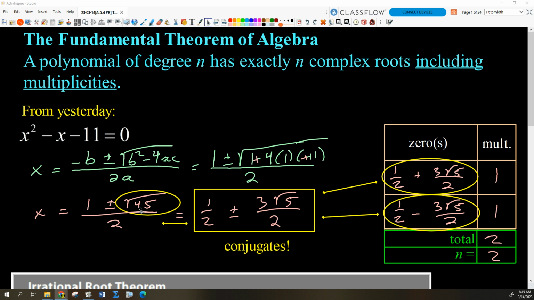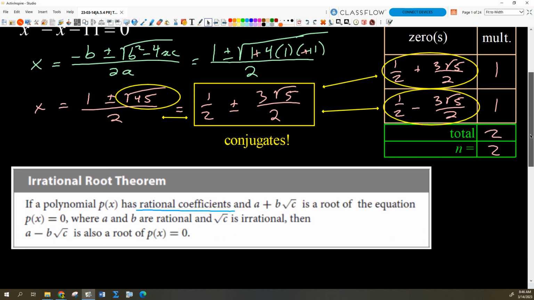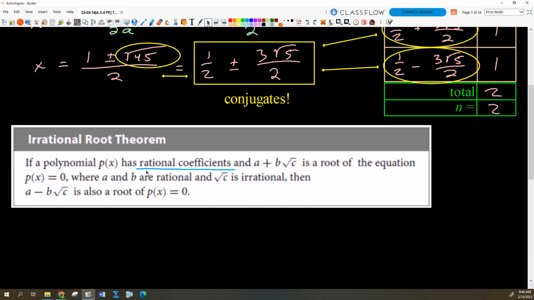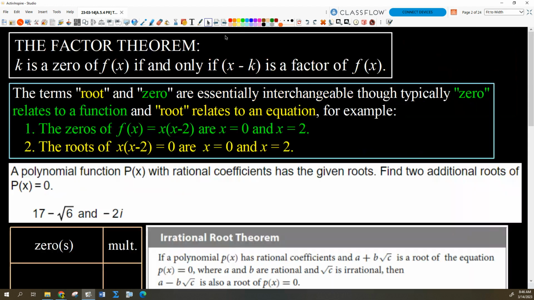If we get stuck with a square root in our answer, it's always going to be part of a conjugate pair every time. And that was what we called the irrational root theorem, right? It just told us if we had rational coefficients and we get a square root, the square root is going to appear in a conjugate pair, okay?